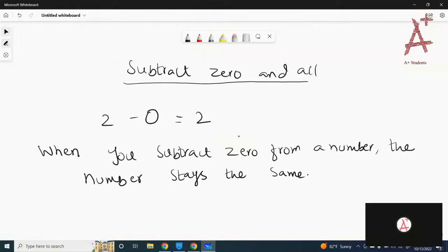When you have 3 subtract 0, so 3 subtract 0 equals... Just read the point I've just written on the board. When you subtract 0 from a number, the number stays the same. That means nothing happened to the number. So it would be 3 subtract 0 equals 3. Got it?